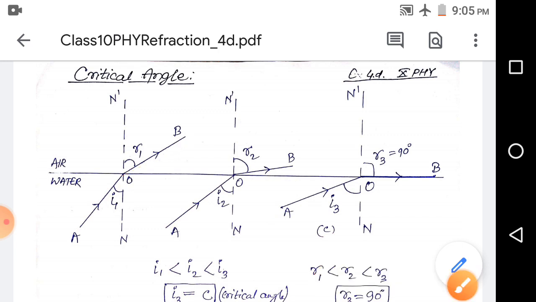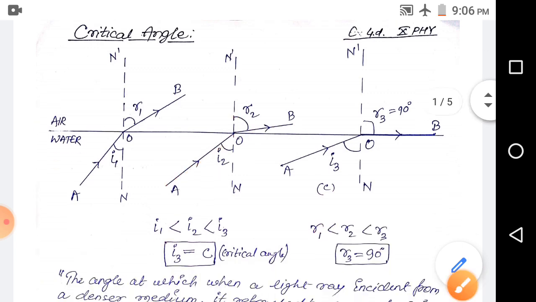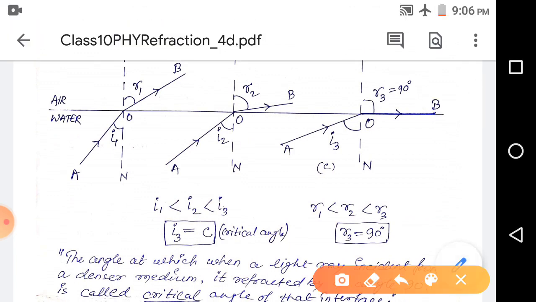Now in the second figure we have the light ray incident along AO with an angle I2. Now this I2 is greater than the previous angle of incidence I1 and the refraction occurs, so the light ray is refracting along OB with an angle R2. So here the angle of refraction, that is R2, is greater than the previous angle of refraction R1.